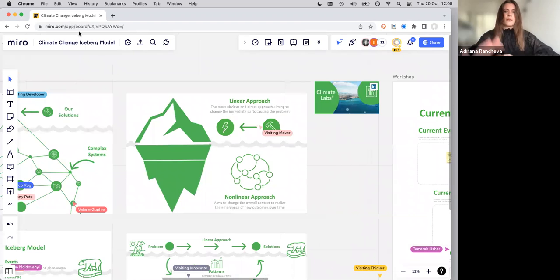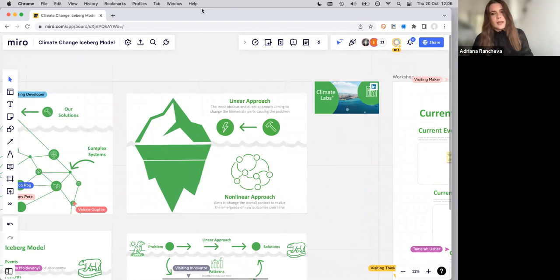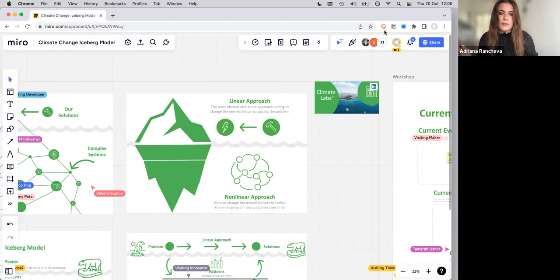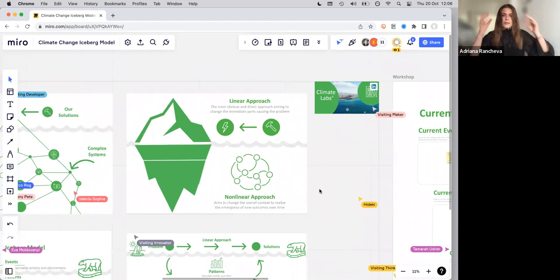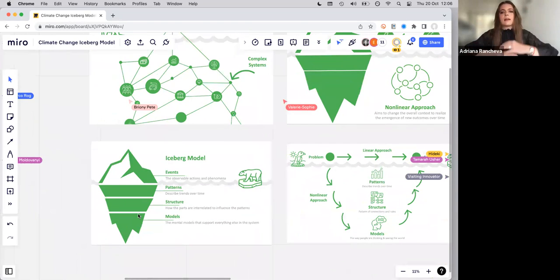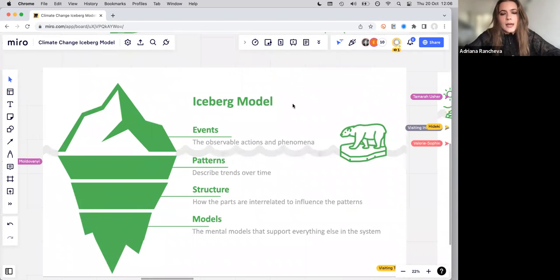So before we start with the real part of the workshop, it might be useful to make sure that we have a shared understanding of what the Iceberg model is. In general terms, it's a systems thinking tool designed to help an individual or a group to discover the patterns of behavior, supporting structures and the mental models that underlie a particular event or issue.